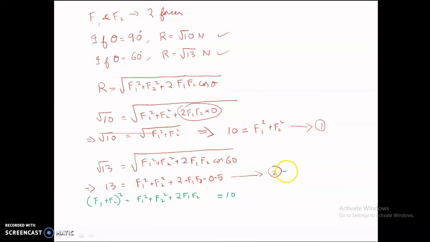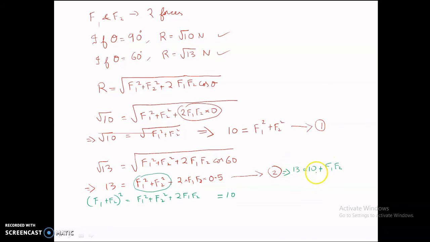From equation number 2, you can arrive like 13 equal to this F1 square plus F2 square is 10, so 10 plus 2 into F1 F2 into 0.5, that is 2 into 0.5 is 1, so you can write F1 F2.